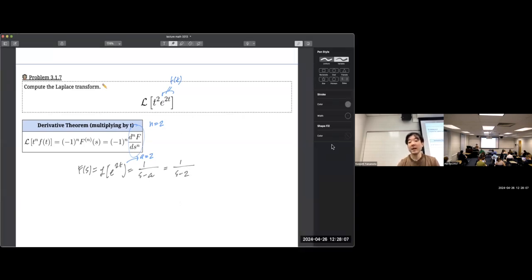Okay, so then let's look at the n equals 2 case. If we wrote this out, it would be the Laplace transform of t squared times f of t, which is great because that's what we're interested in, is equal to negative 1 squared times the second derivative of your Laplace transform.